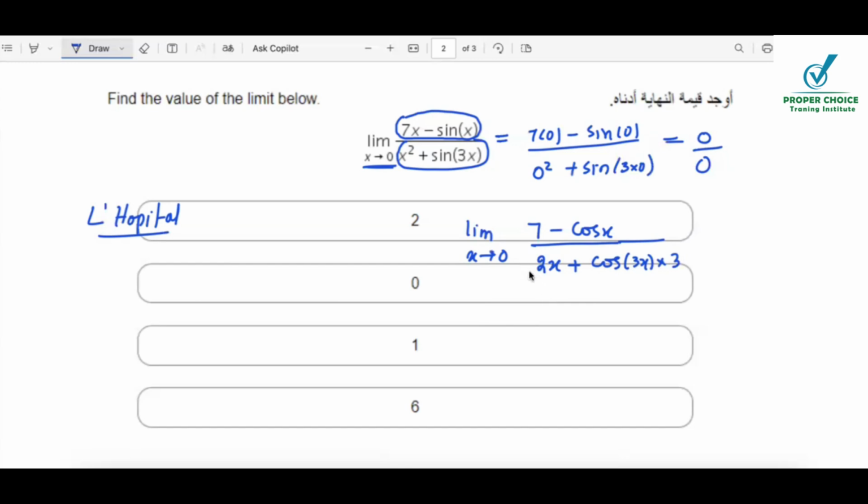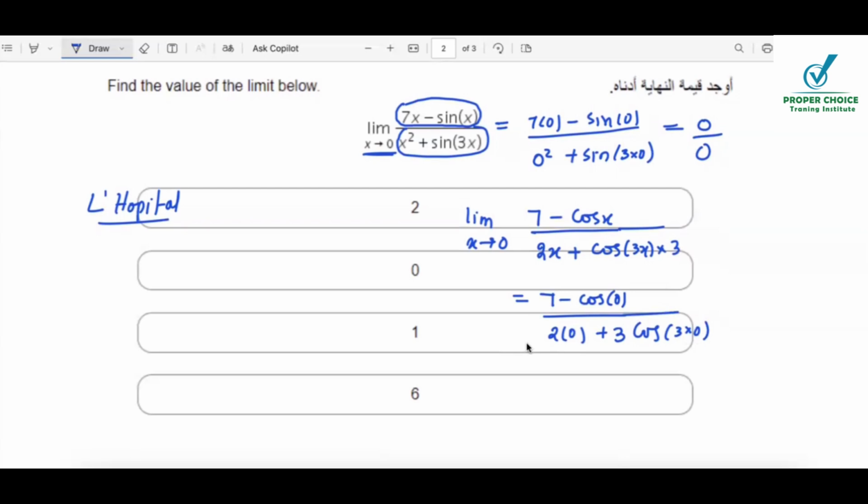So now if you substitute the value of x as 0, what happens? 7 minus cos 0 divided by 2 times 0 plus 3 times cosine of 3 multiplied by 0. As we know, the value of cos 0 is 1. It's trigonometry and you can check by putting it in the calculator.